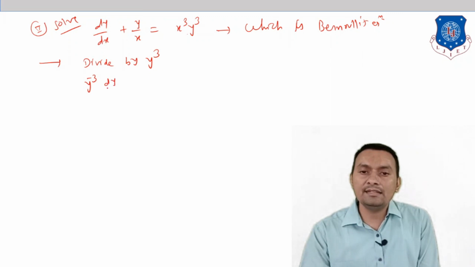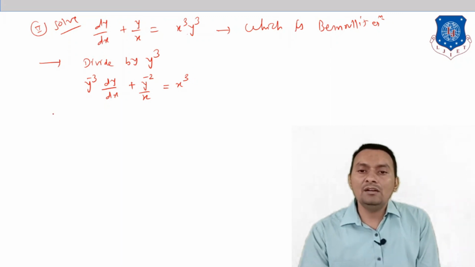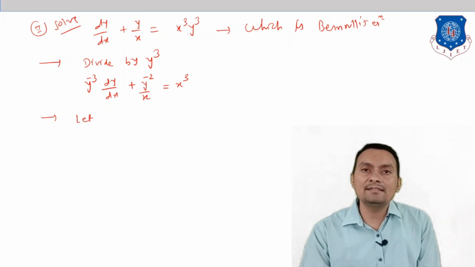So what I will get: y raised to minus 3 dy by dx, and here y raised to minus 2 divided by x is equal to x cubed times y cubed divided by y cubed. So it will be only x cubed. Now we consider the function of y in the second term, so we will let y raised to minus 2 be equal to v.